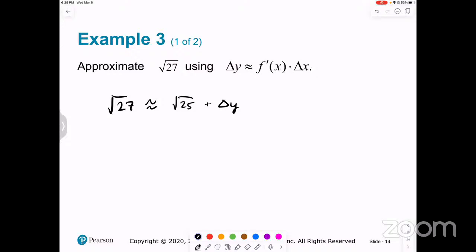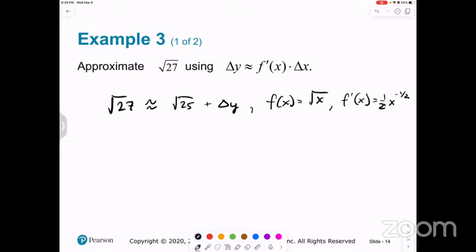What would be our function? The square root of x? So if we let f be the square root of x, let's see if that works. Let's just try it. So then f prime is 1/2 x to the negative 1/2.